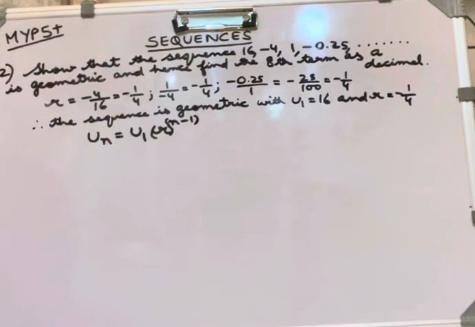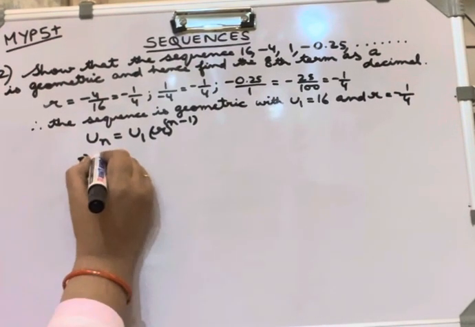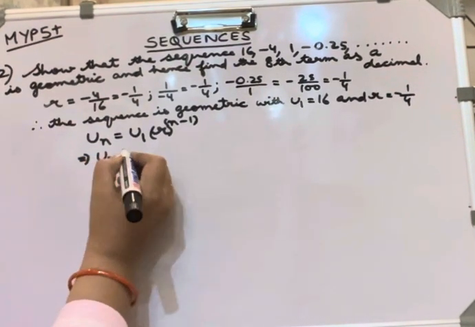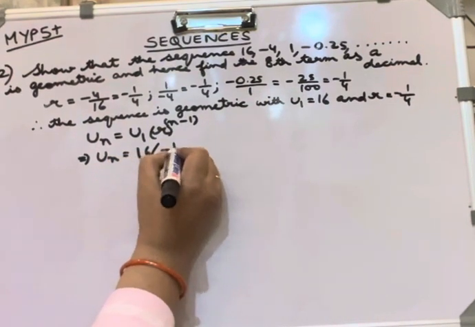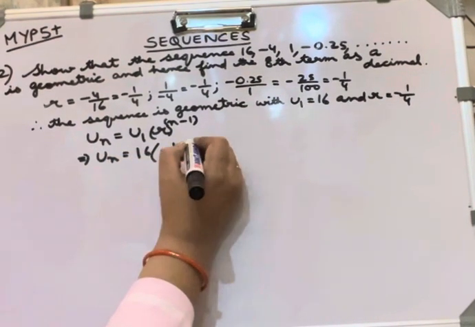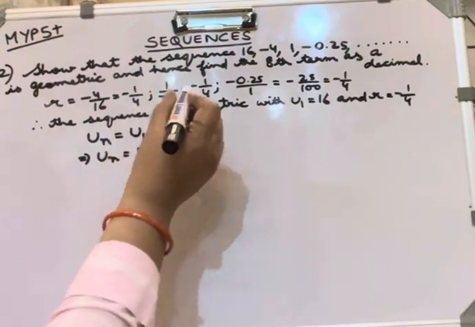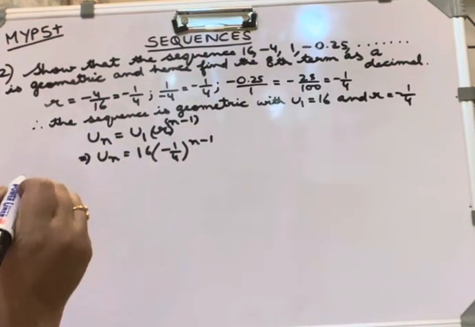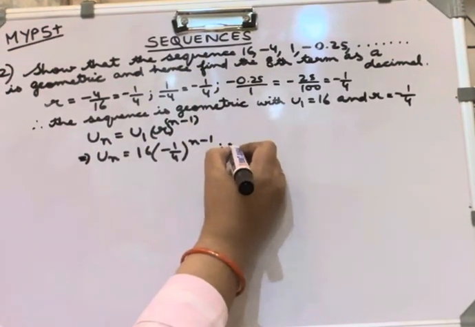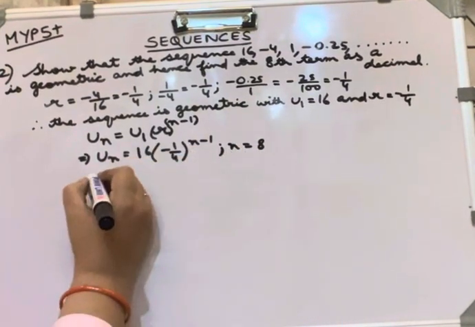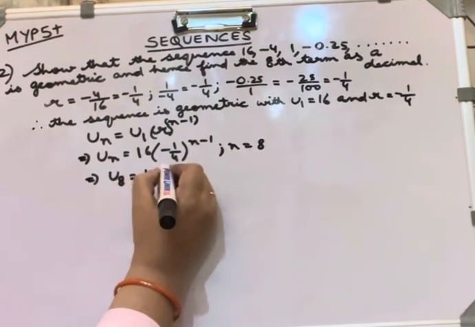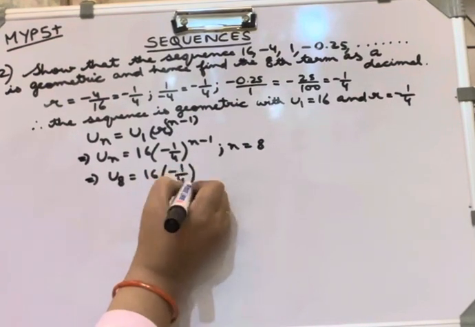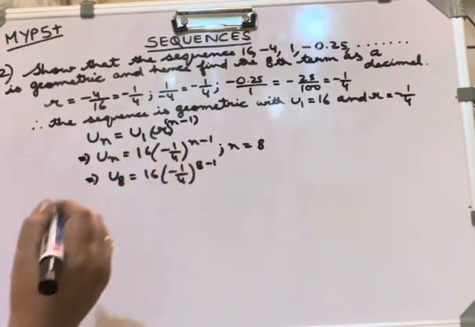Now we substitute the values. So UN is equal to 16 times minus 1 by 4 to the power n minus 1. Now we have to find the 8th term. So here n is equal to 8. So U8 is equal to 16 times minus 1 by 4 to the power 8 minus 1.